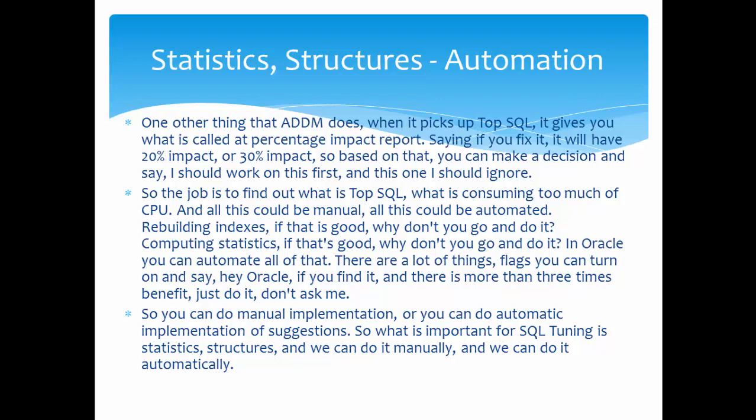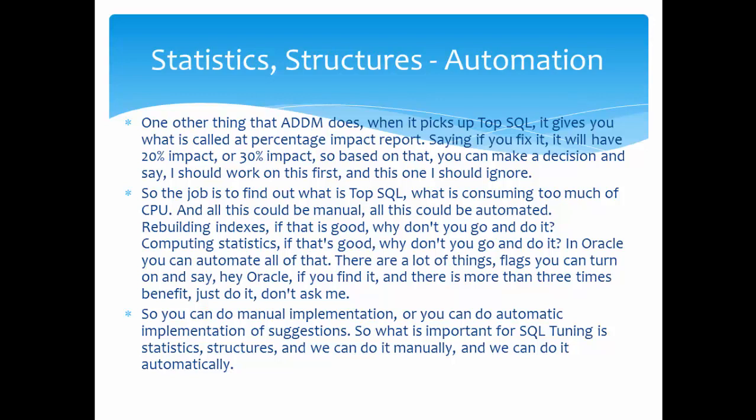The job is to find out what is top SQL, what is consuming too much CPU, and all this could be manual. All this could be automated. Rebuilding indexes, if that is good, why don't you go and do it? Computing statistics, if that's good, why don't we go and do it? In Oracle, you can automate all of that.